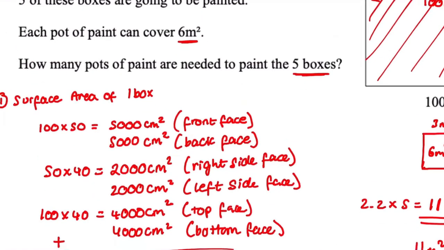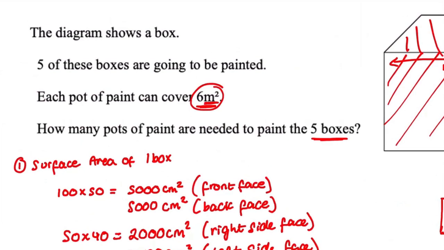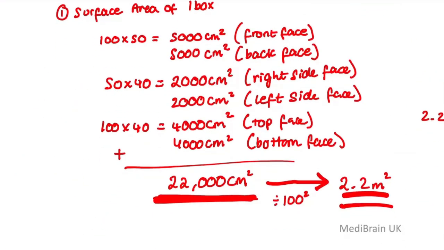You would have realized that each pot of paint can cover 6 meters squared. The units are not the same. We need to make the units the same. So that's why 22,000 centimeters squared, because it's squared and not just centimeters, to convert from centimeters to meters, you need to divide by 100.